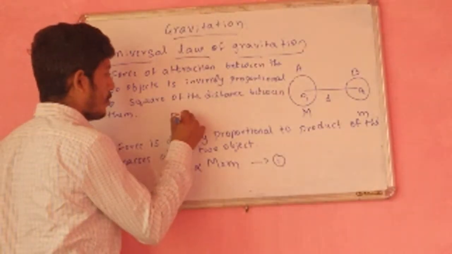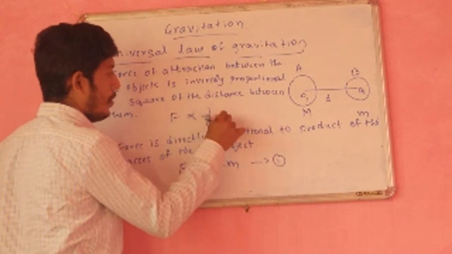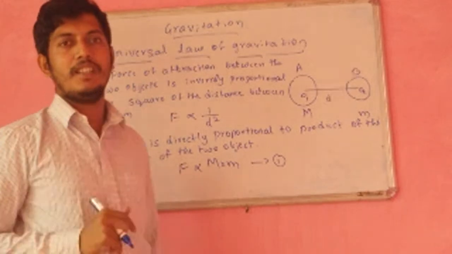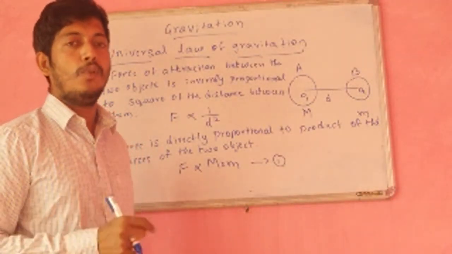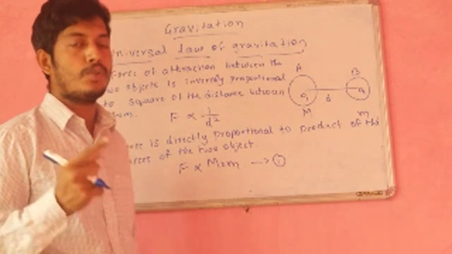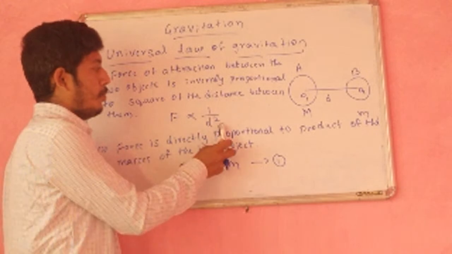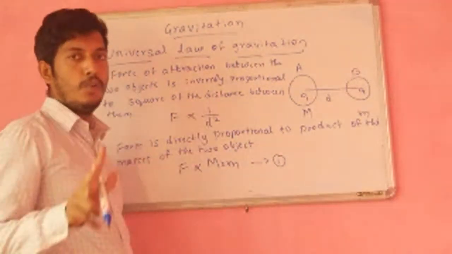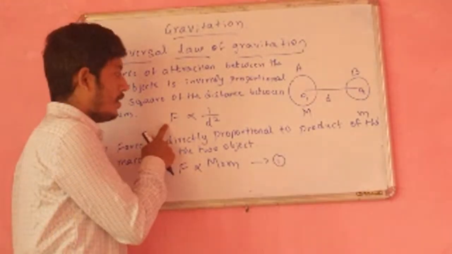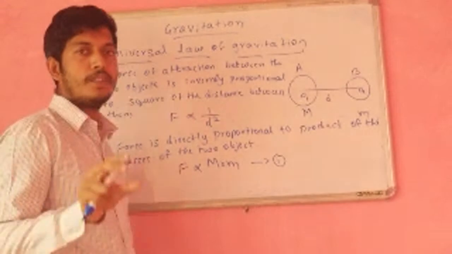That's why this expression becomes F is directly proportional to 1 divided by d square. The distance between the two objects is d, so the square of the distance means d square. To read this, we have two methods. First: F is inversely proportional to d square, since d square is in the denominator.